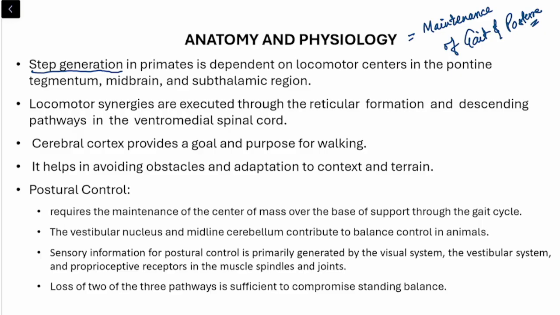See, step generation is different in primates and it is different in other animals. In primates, it is dependent on locomotor centers in the pontine tegmentum, midbrain, and subthalamic region, right? Whereas in lower animals like cats and dogs, the locomotor generators are present in the spinal cord. But in humans and other primates, these locomotor generators are present in the pons, in the midbrain, and in the subthalamic region.